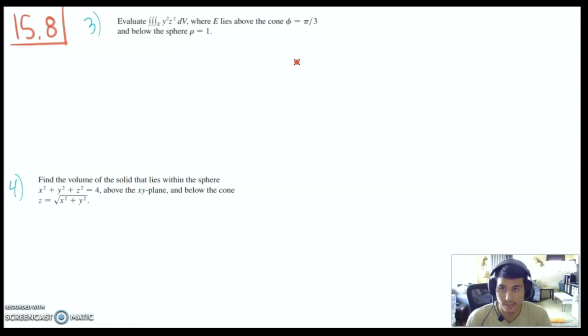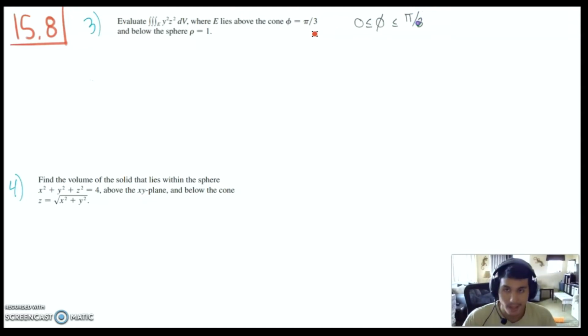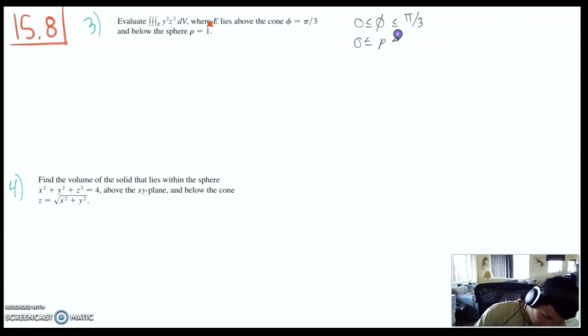So with that information, let's make some conclusions. I'm going to argue that this is the maximum angle phi. They're just giving it to us, which is really nice. And I'm going to argue that this is the maximum radius, rho.